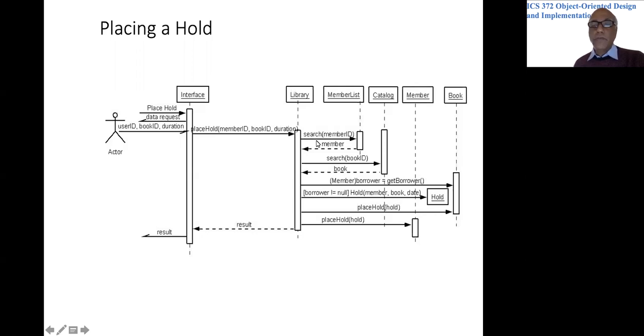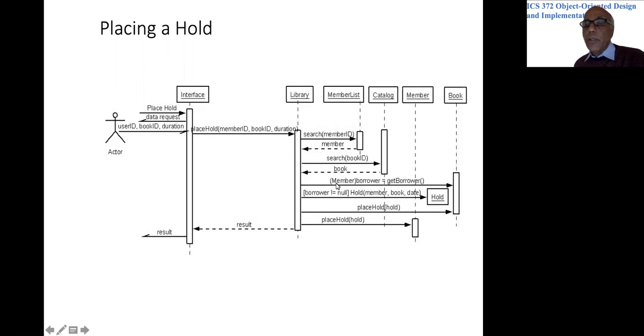Then this should be very routine now for you. So we have to make sure that the member exists and get the member object, because that is going to be stored in the hold object that we are going to create. Similarly, we need to make sure that the book exists and get the book object, because that also has to be stored in the hold object.